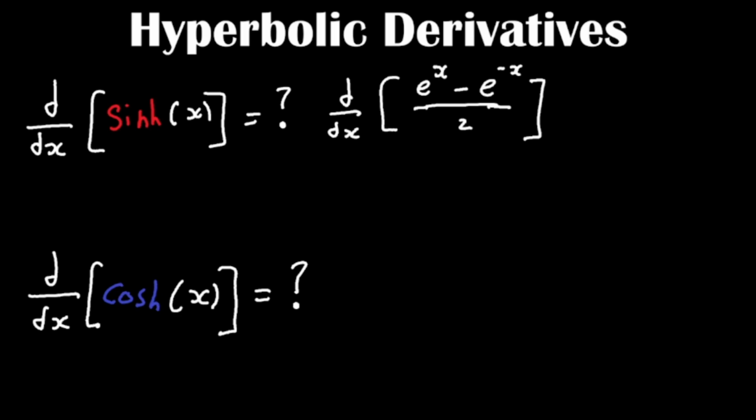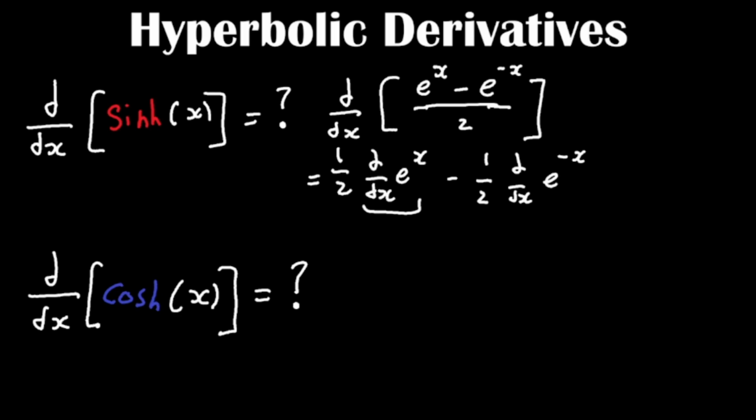So I'm going to split this up into, well, the derivative of e to the x is just e to the x. So this is 1/2 e to the x minus 1/2 the derivative of e to the negative x. So what's the derivative of e to the negative x? This is actually a chain rule, because our inside function, instead of being x, is negative x. So we know that the derivative of e to the x is just e to the x.